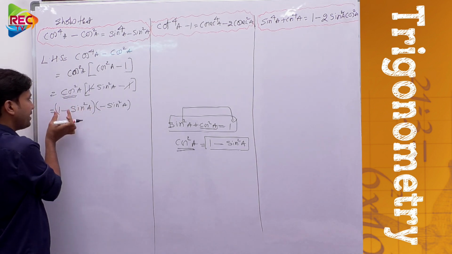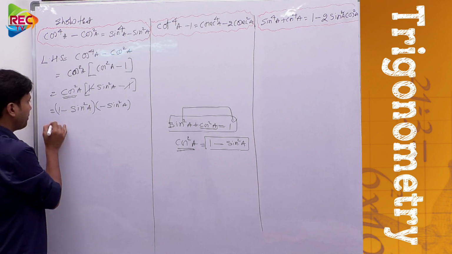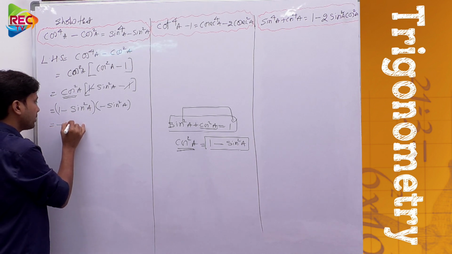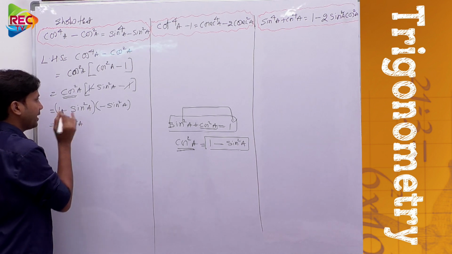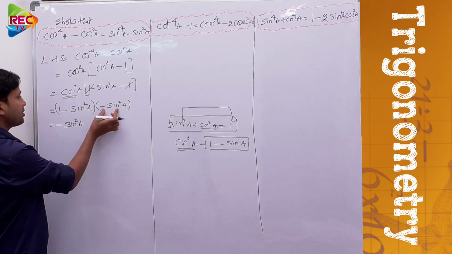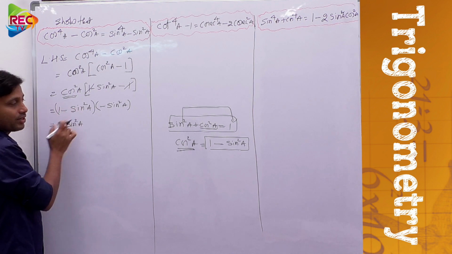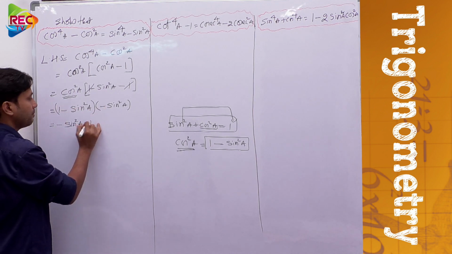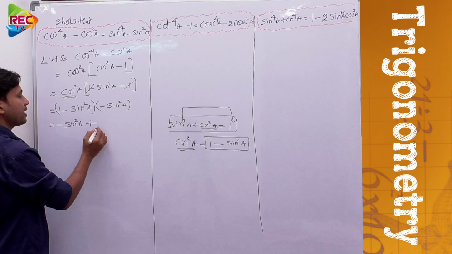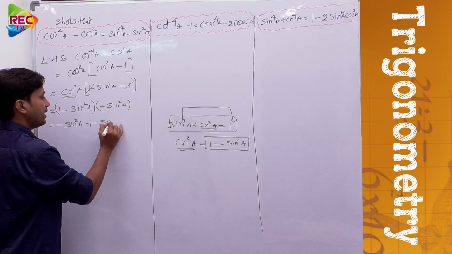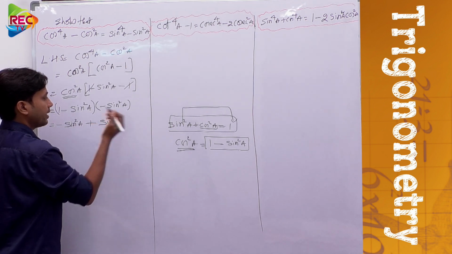So minus sin square a into minus sin square a. Minus into minus would be plus. Sin square a into sin square a would be sin power 4a.